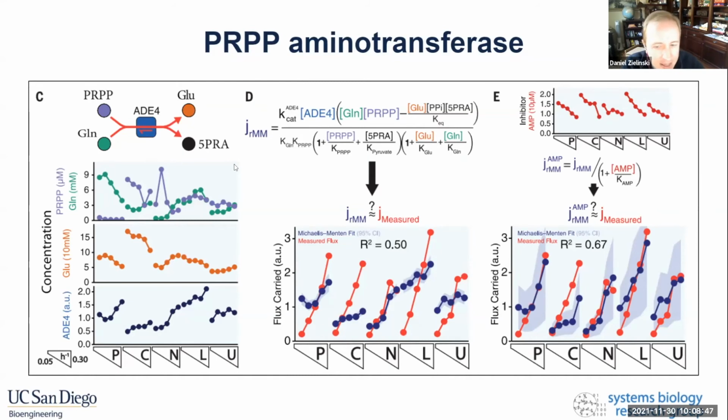Now let's look at a case where it kind of works, but not perfectly, which is this PRPP reaction. And they did the same thing, measured the substrates and enzyme and plugged it into the reaction. And now you can see, although the agreement is still there, there are cases where it doesn't really match up that well on carbon, for example. And what they found is that they were missing a known regulator, which is AMP.